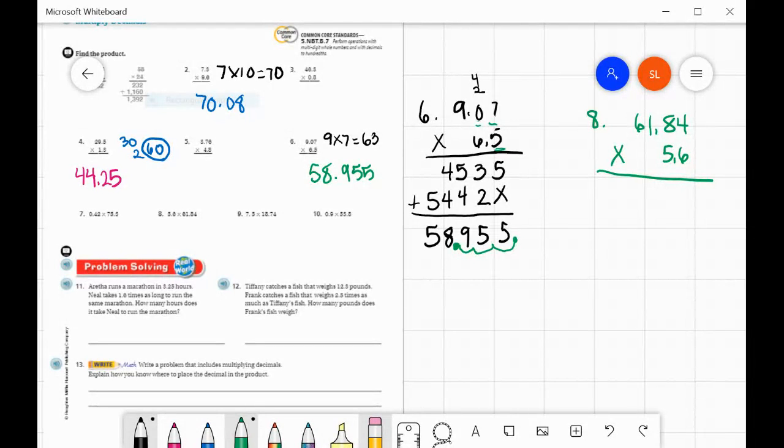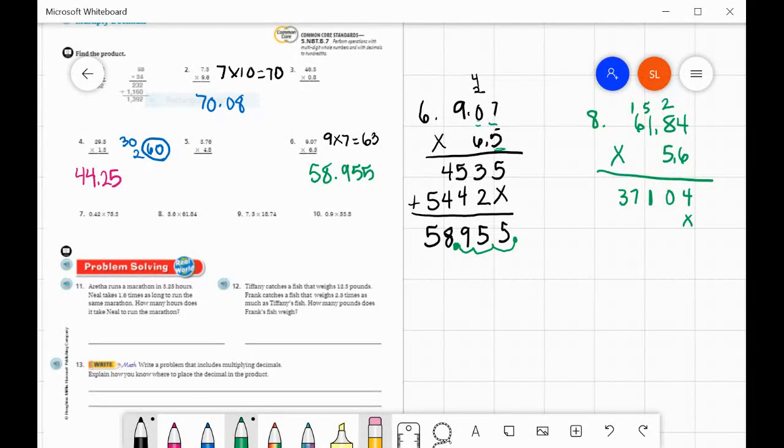All right, welcome back. We're going to solve this problem 8. 6 times 4 is 24. Carry the 2. 6 times 8 is 48, plus 2 is 50. Carry the 5. 6 times 1 is 6, plus 5 is 11. Carry the 1. 6 times 6 is 36, plus 1 is 37.